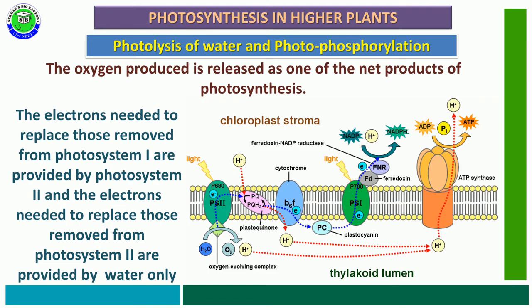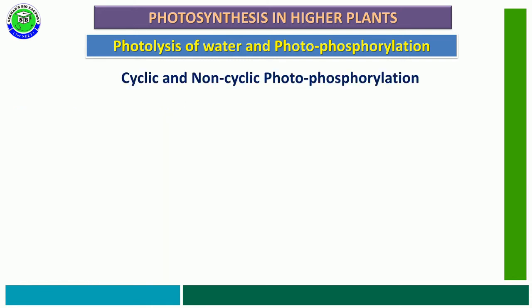The electrons needed to replace those removed from PS1 are supplied by PS2. At the same time, the electrons which are removed from PS2 are replaced from water molecule after releasing the electron with photolysis of water.